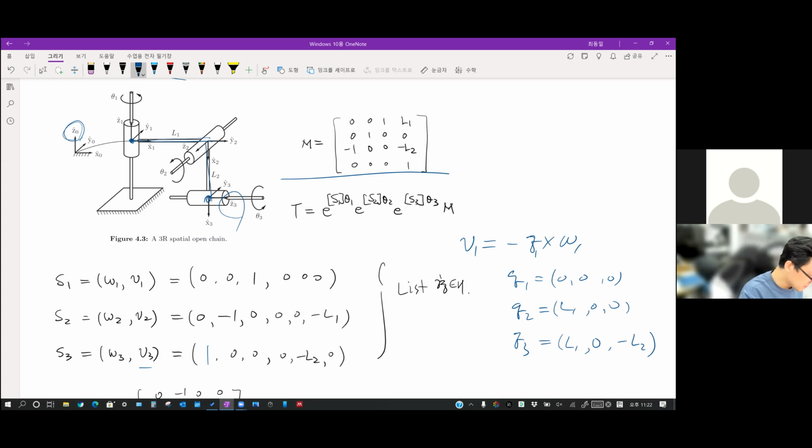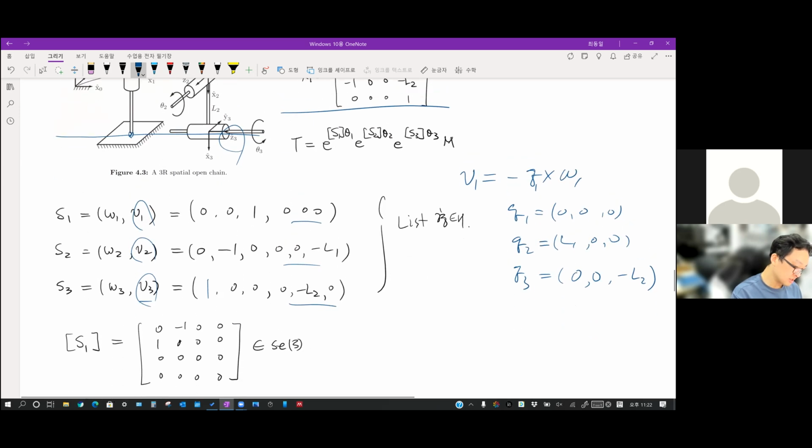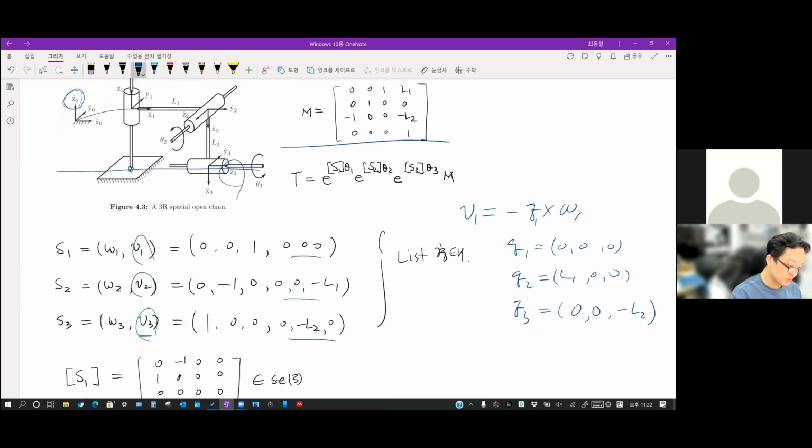So, no. Because the q position can be any point on the screw axis, q can be here. So we can simply write 0, 0, minus L2. So using this, v1, v2, v3 become like this. So do the calculation on your own.